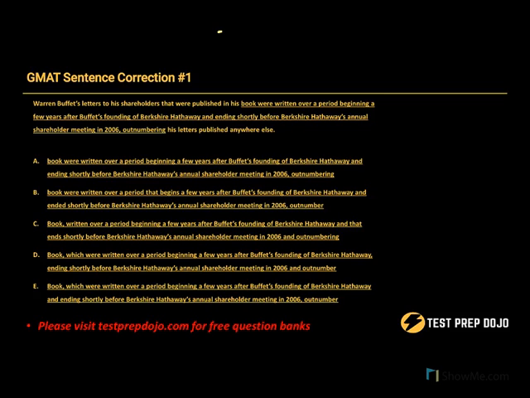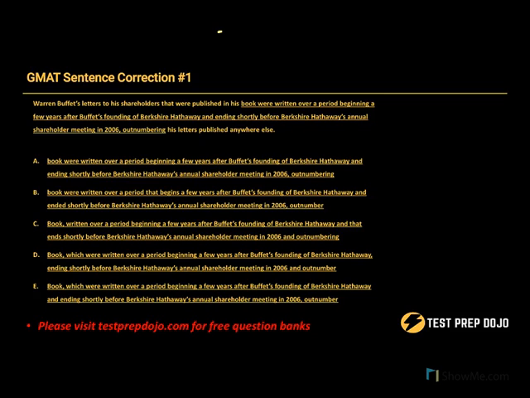So I'm going to skip A, because that one is closer to right than some of the other ones. And so first we're just going to look at B, C, and E. So we have Warren Buffett's letters to his shareholders that were published in his book.